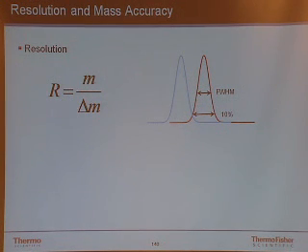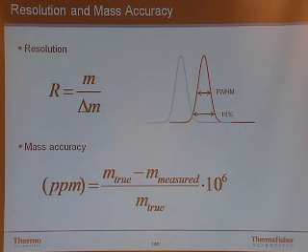And that's standard practice in mass spectrometry. Now, to get mass accuracy is dependent on having high resolution first and foremost. And now the accuracy is measured by taking the true molecular weight. Now, you can calculate the true accurate molecular weight of any organic compound.